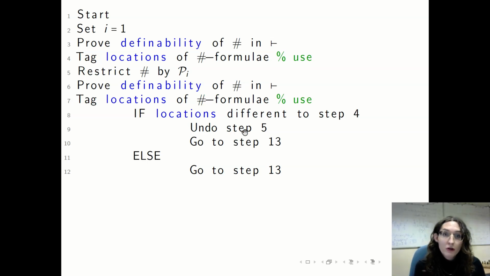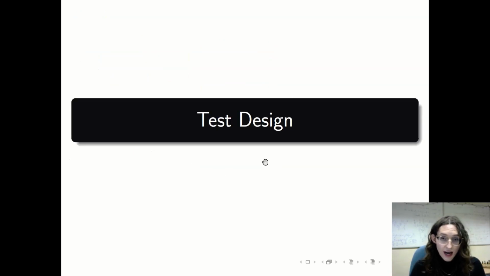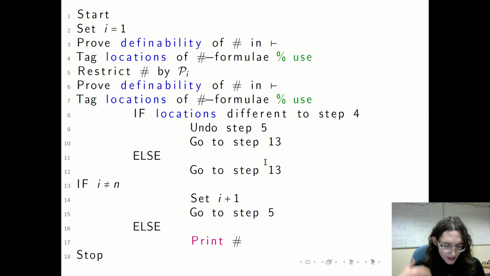Therefore, we'll go back up to step 5 and undo the restriction we just did, returning to the original rule. However, if we don't have a change of meaning, if the locations and hence the use stays the same, we'll just keep the restriction in place. Either way, we continue to our next parameter on the list, and we do the same thing again.